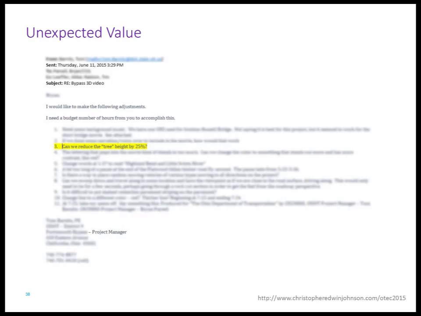So I'll share two anecdotes about examples of how unexpected value came from exploiting this methodology. This is an email that I got from my client, ODOT, and they asked, hey, can we reduce the tree height by 25%? So, sure, this task would only require manipulating about 8 million-ish points across 100,000 different elements.